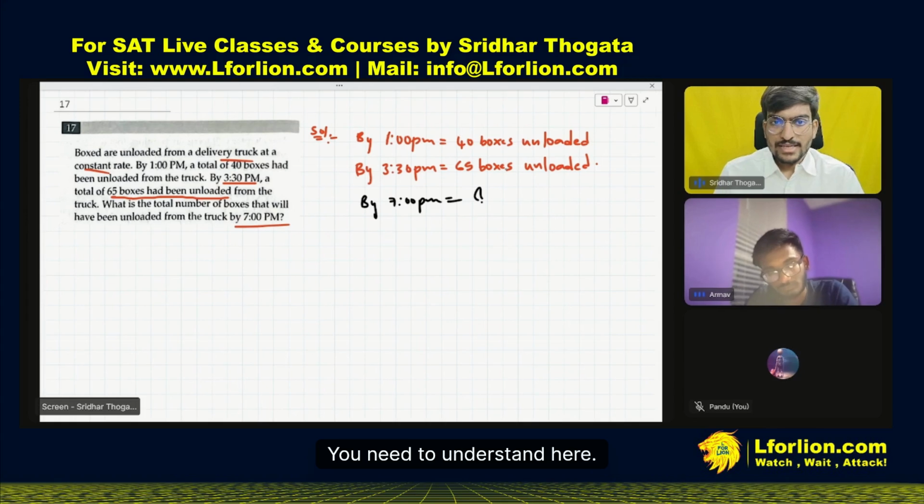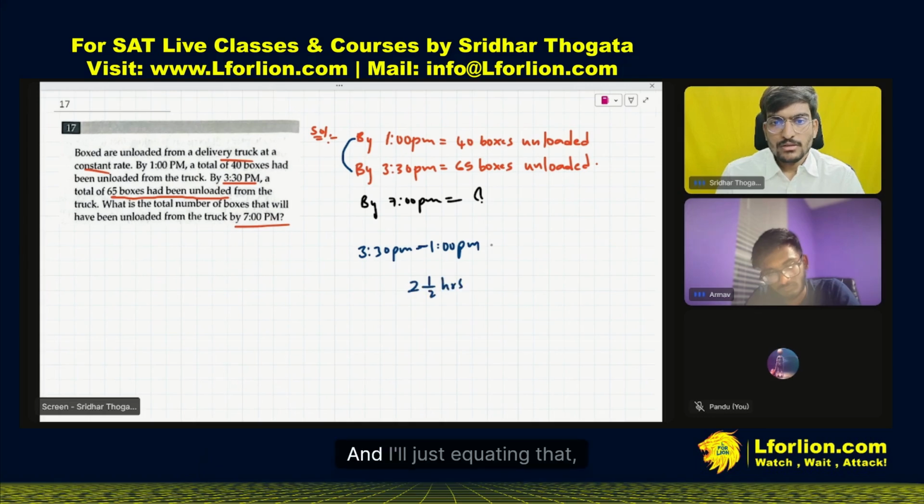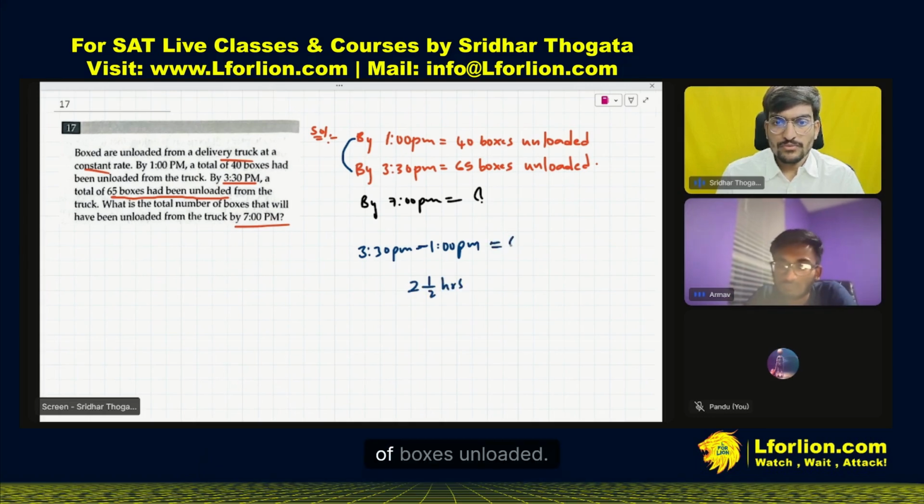You need to understand here: 1 p.m. to 3:30 p.m., what is the difference? 3:30 p.m. minus 1 p.m. will be 2.5 hours. And I'll equate that to the difference of boxes unloaded: 65 minus 40 equals 25.